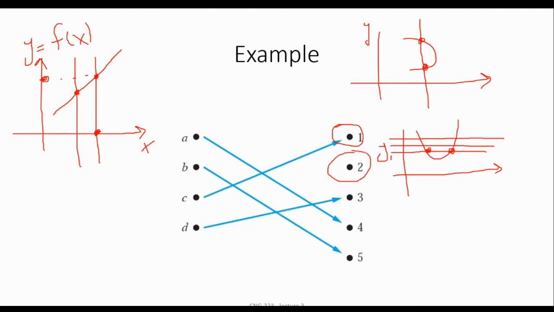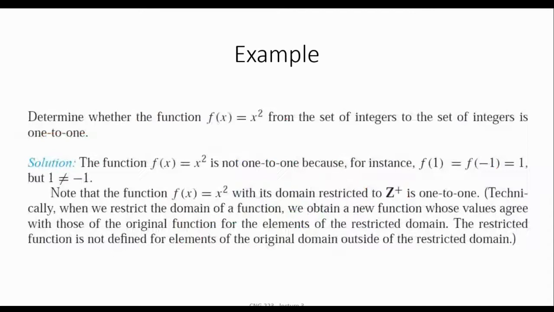For example, for this, we don't have any arrows. It means that we didn't use all the possible values that we had inside our codomain. Now, for 3, you see, we only have one value. This is okay. So this is an example of a one-to-one case. If you, for example, have another arrow from a to 3, then it won't be one-to-one anymore. Again, I will show you in other examples.